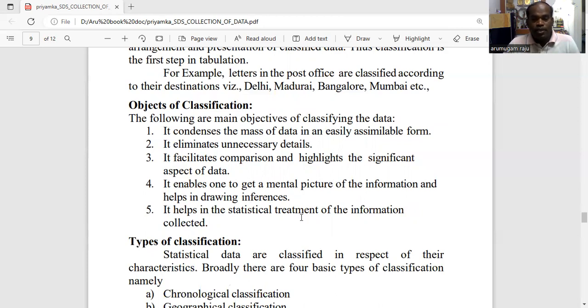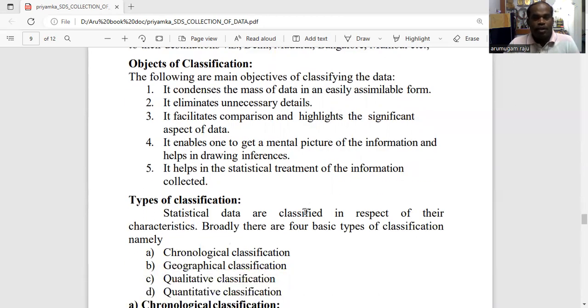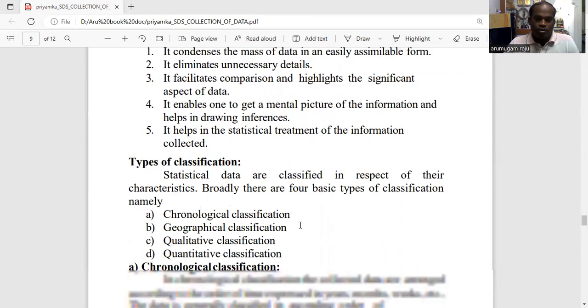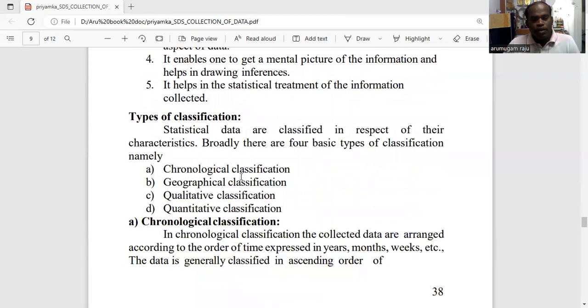It helps the statistical treatment of the information collected. These are the objectives of classification. Next we have the types of classification. Here we have four types: chronological classification, geographical classification, qualitative classification, and quantitative classification.